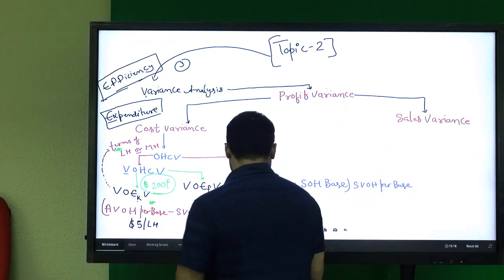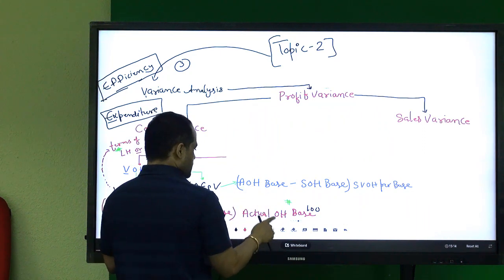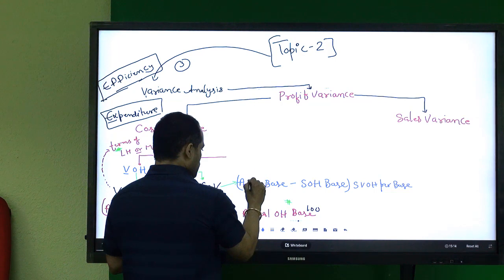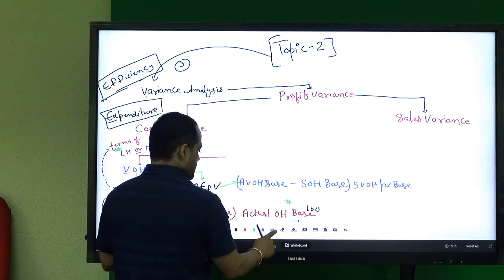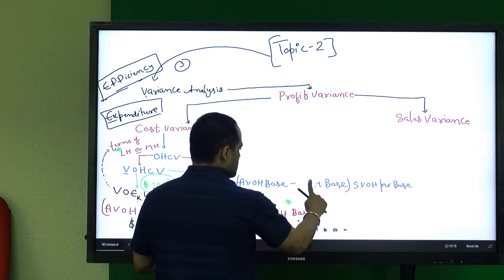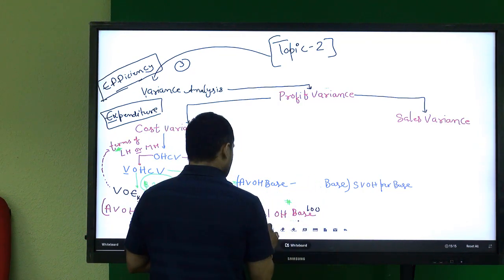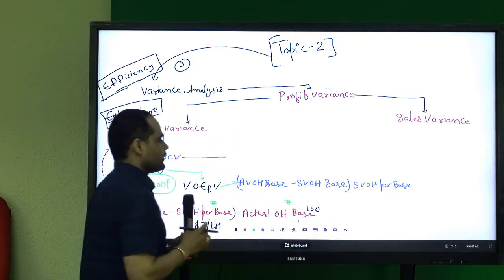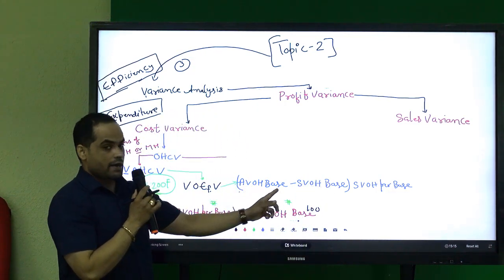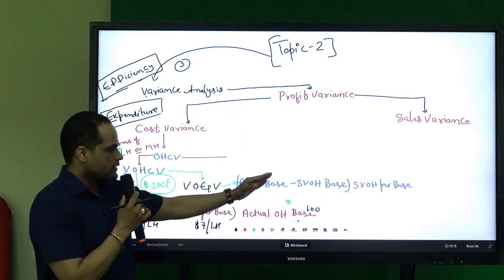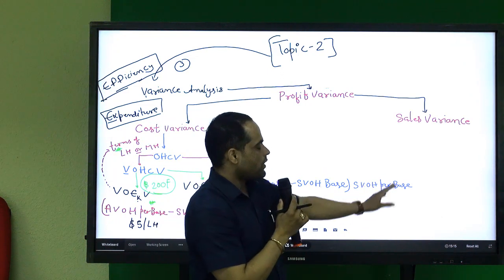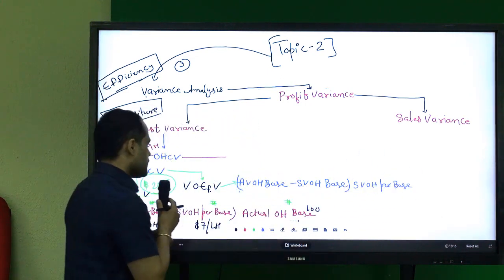So let me fix this one. It's actual variable overhead base total, standard variable overhead base total, and standard variable overhead per base, right?